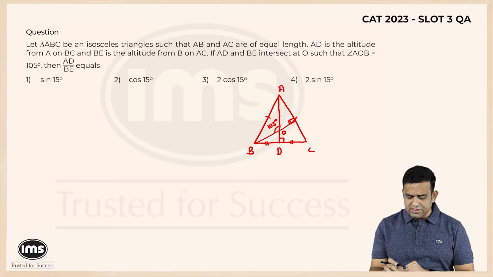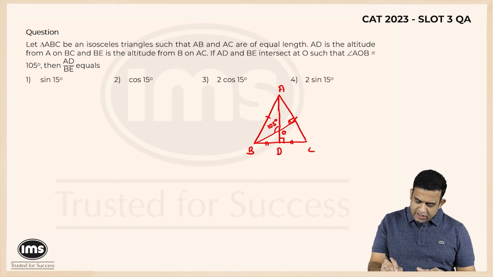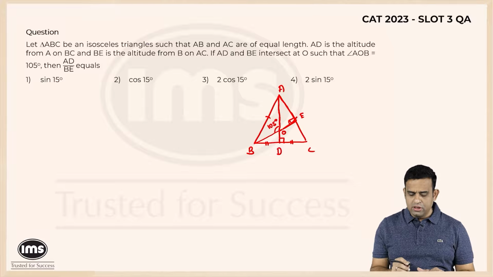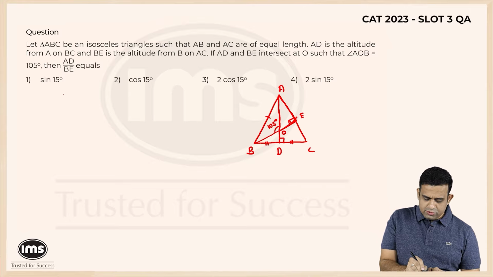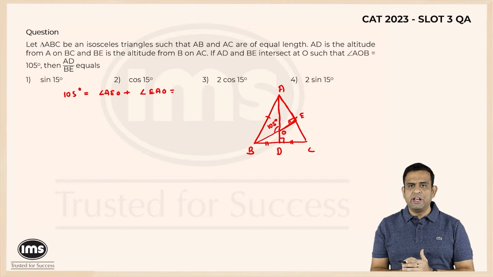Now in this particular case, if angle AOB is 105, then please note that angle AOB is the exterior angle of triangle AEO. So this 105 exterior angle should be equal to angle AEO plus angle EAO, the sum of the opposite interior angles.